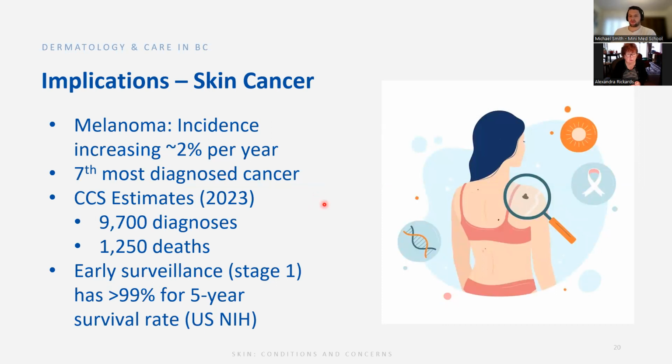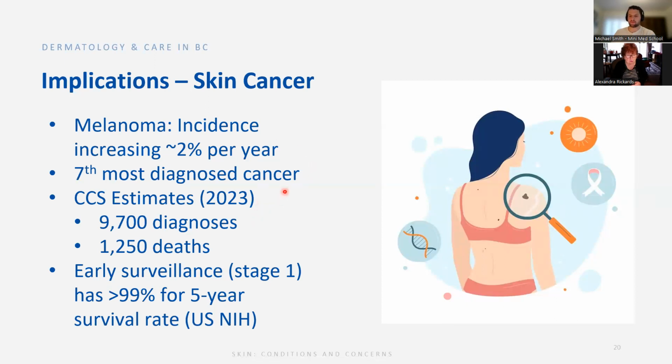And probably the most important concern for the lack of availability is how able they are to diagnose things like skin cancer. And the one in particular that we want to talk about is melanoma. And that skin cancer in particular has been on the rise year after year, about 2% per year.